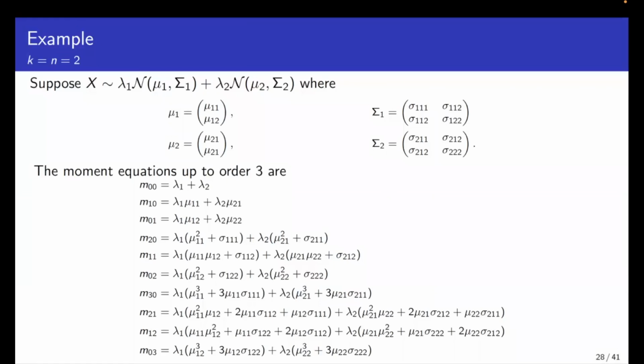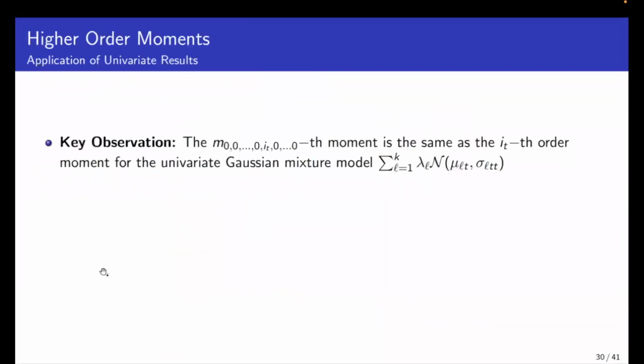Well, now the slide's been up for a moment, so maybe you can look at this and think that some of these equations look a little bit familiar. For instance, these equations I have highlighted look a lot like the moment equations for a univariate Gaussian mixture model, but in the variables of the first dimension. The key observation here is that the ith order moment with all indices 0 except the tth coordinate is the same as the ith order moment for the univariate Gaussian mixture model.